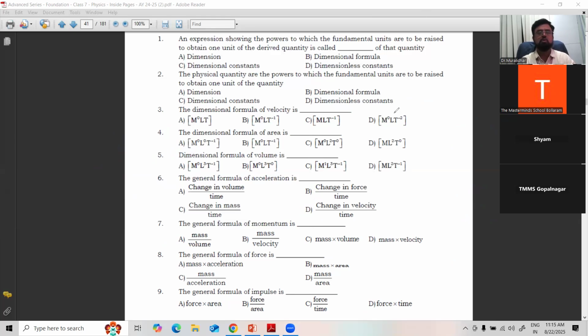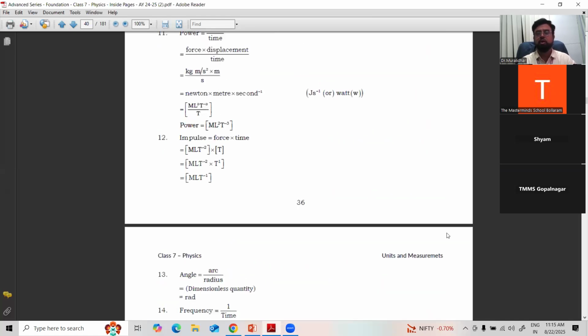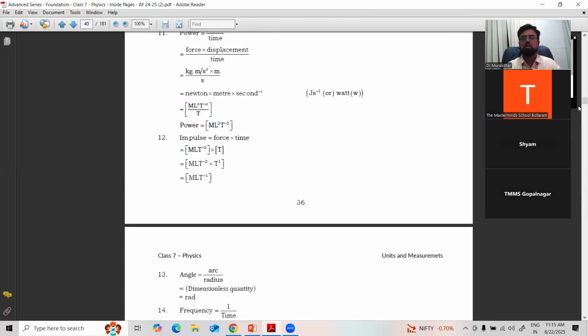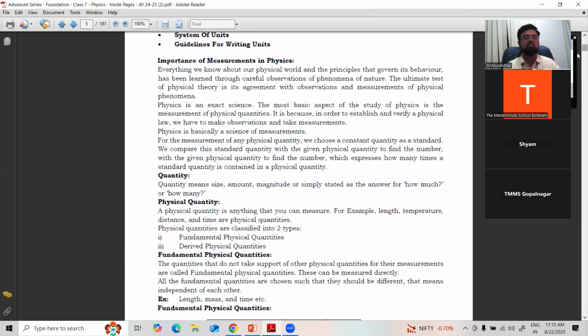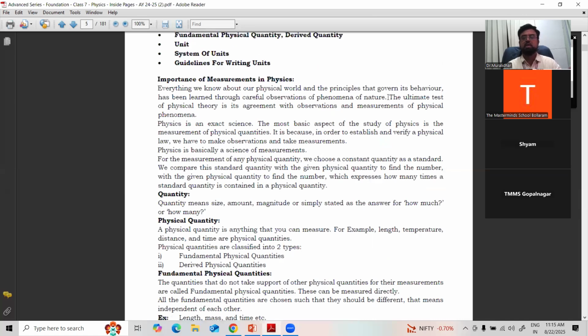So overall, let us recall the total chapter we have learned till now. With this we have completed the total chapter, starting from unit one. When you recall once again, we started with the importance of measurements in physics. Why are measurements important?